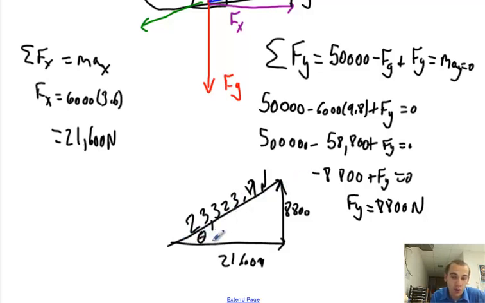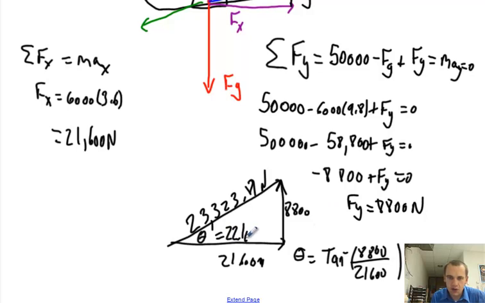Now, remember, a force is a vector, so I actually should find the angle too. I want the angle whose tangent is 8,800 over 21,600. So if I do that math, 8,800 divided by 21,600, inverse tangent of that, is 22.16 degrees.